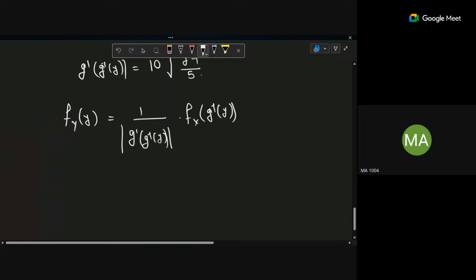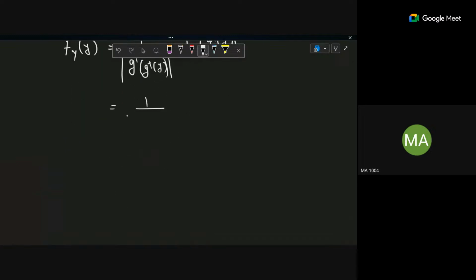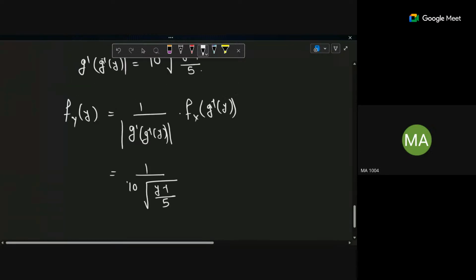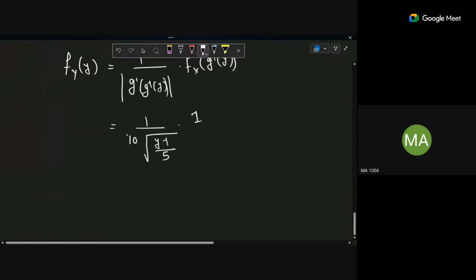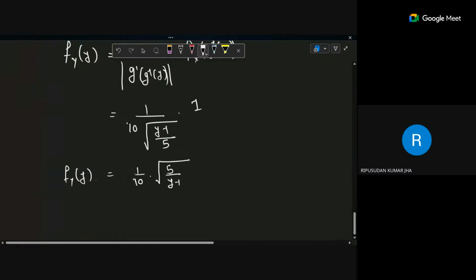So this part is again 1, and what's your PDF then? 10 times square root of y minus 1 by 5, into 1. I can write it as 1 by 10 into square root 5 by y minus 1. That is my PDF.